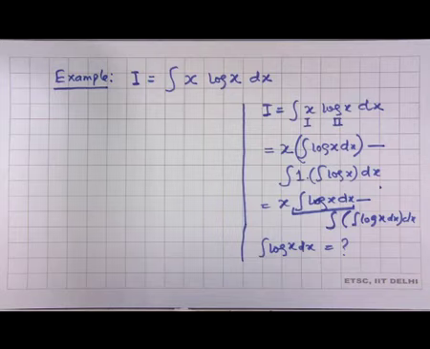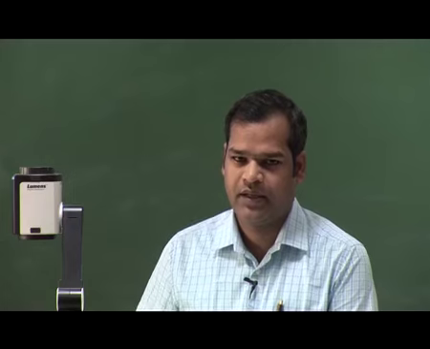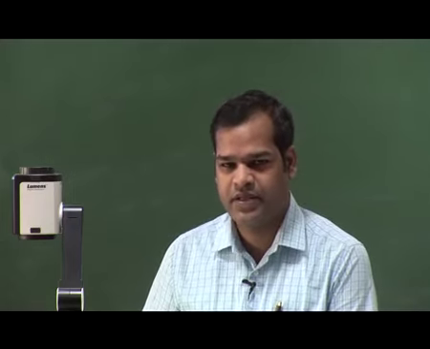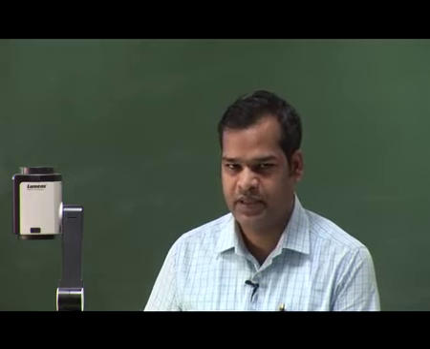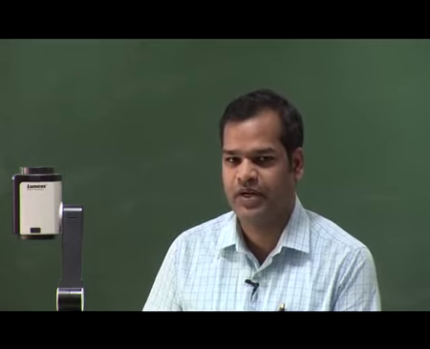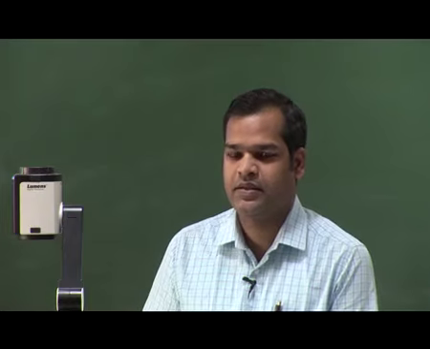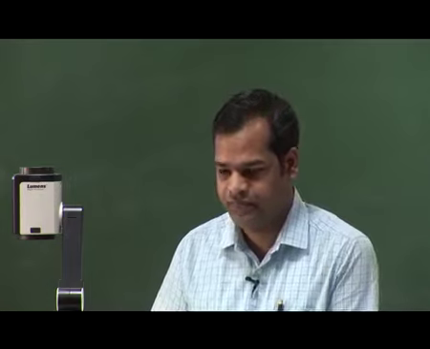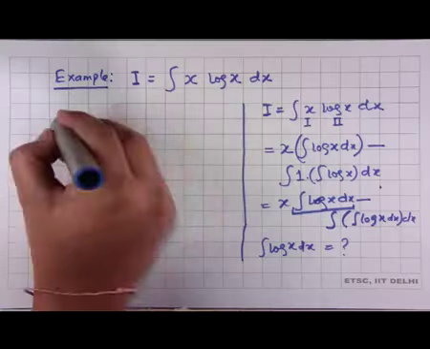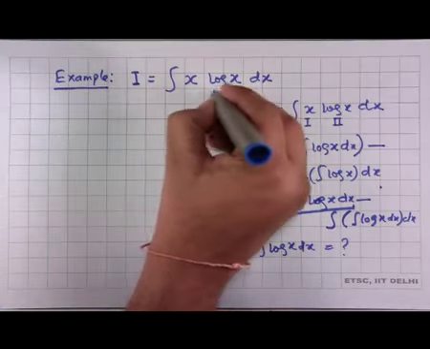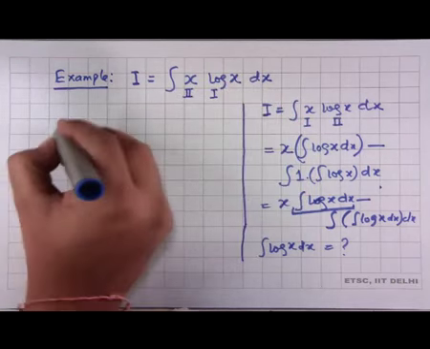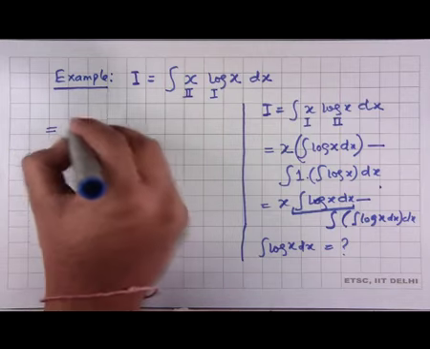So, it is not always the case that choosing a polynomial function which vanishes will help you. It depends on other functions also which are present in the integrand as a product. So, in this case, let us try log x as first function and x as second function, then see what happens.